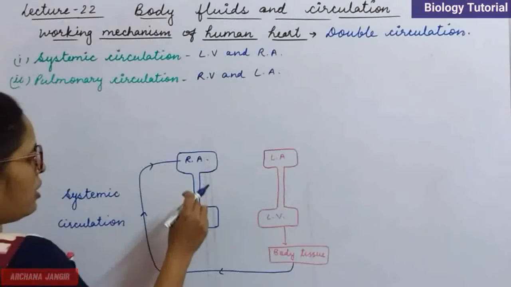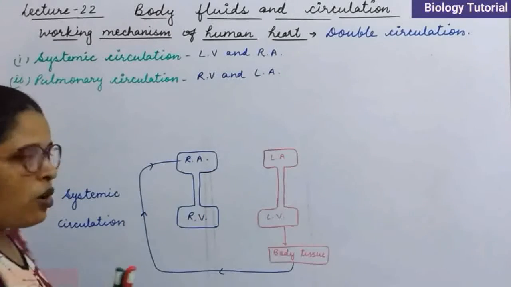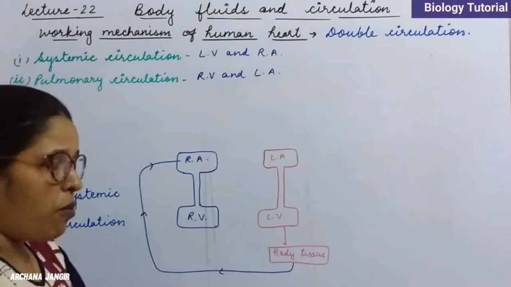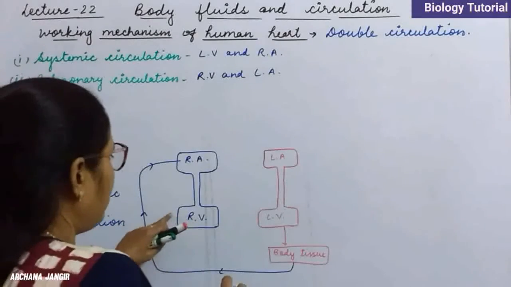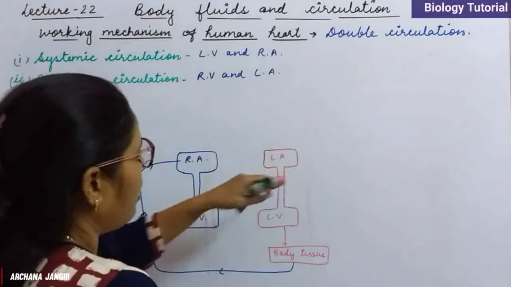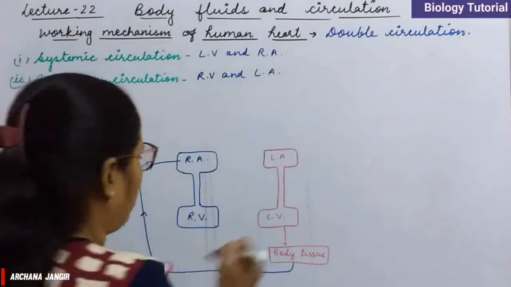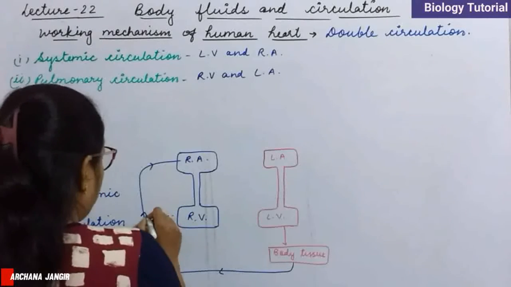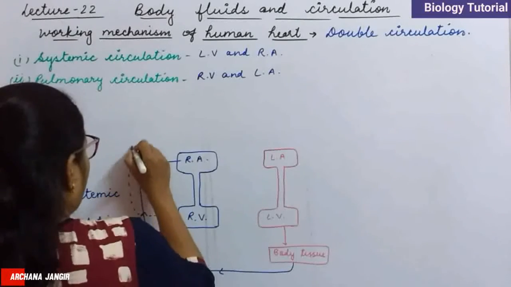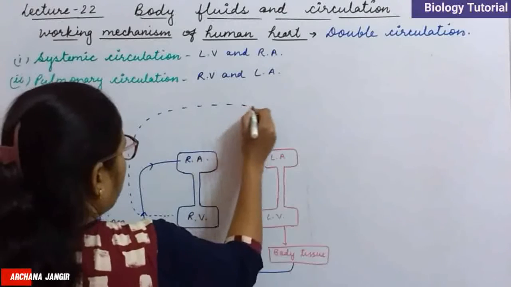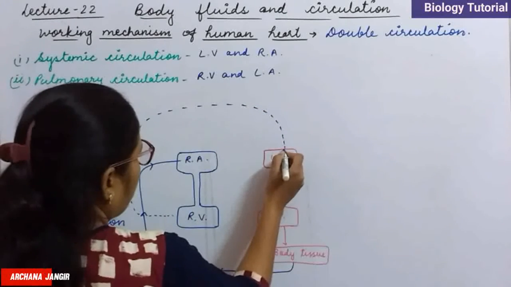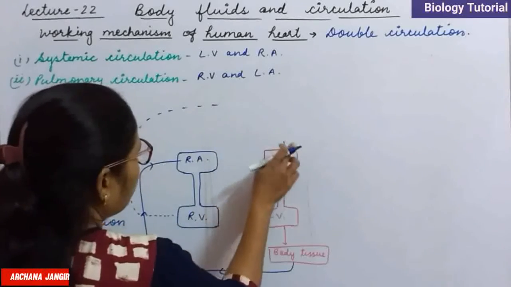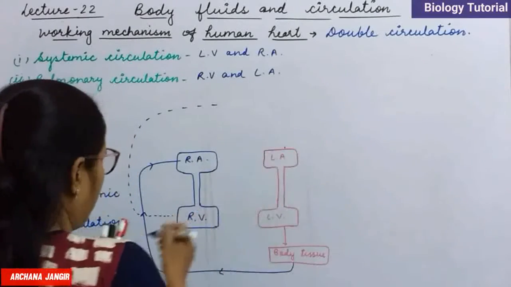From the right auricle, this deoxygenated blood goes to the right ventricle, and from the right ventricle, the deoxygenated blood goes to the left auricle for oxygenation. So here is the second circulation. This goes to the lungs before reaching the left auricle.